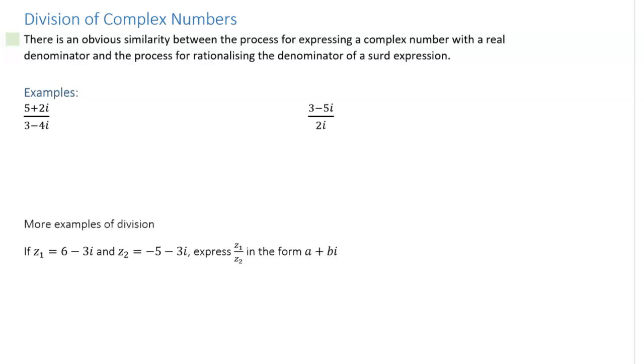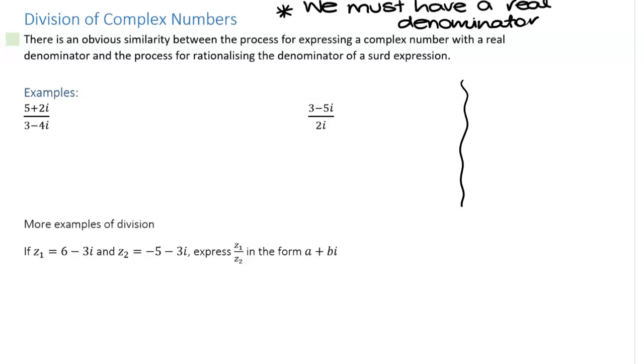Just to be very clear, we cannot have an imaginary denominator. So let's be even clearer, we must have a real denominator. It is improper to leave something with an imaginary or a complex denominator. It needs to be real.